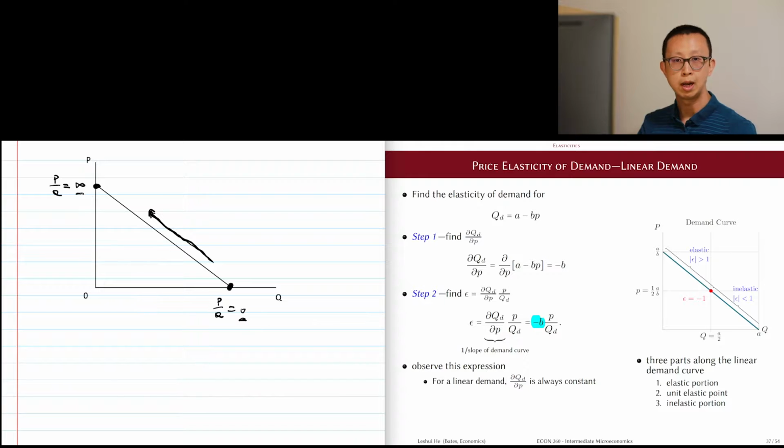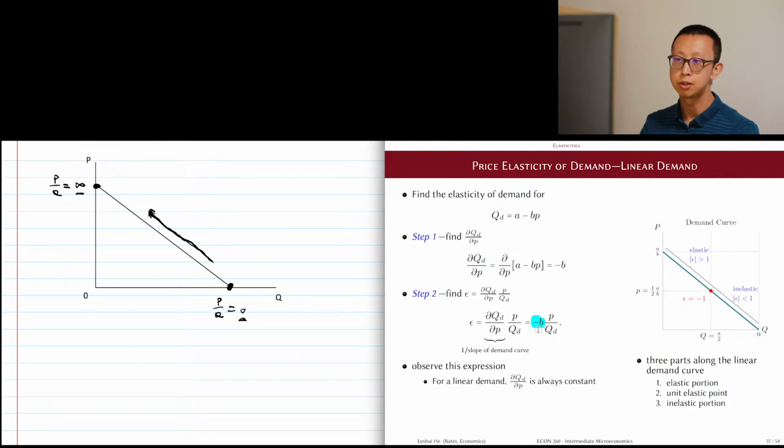If we multiply this ratio of P over Q by a constant of minus B here, when the ratio takes value 0 at the Q-intercept here, our elasticity is going to be 0 because we're multiplying minus B by 0. Well, what is the elasticity at the P-intercept here? Well, we're multiplying minus B by positive infinity. So the elasticity is going to be negative infinity.